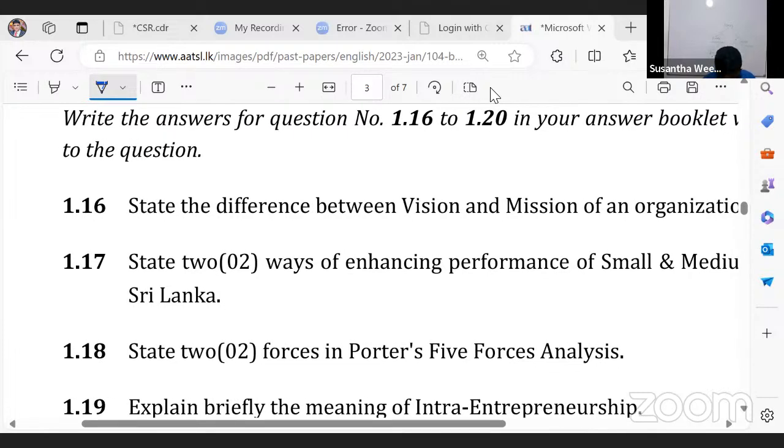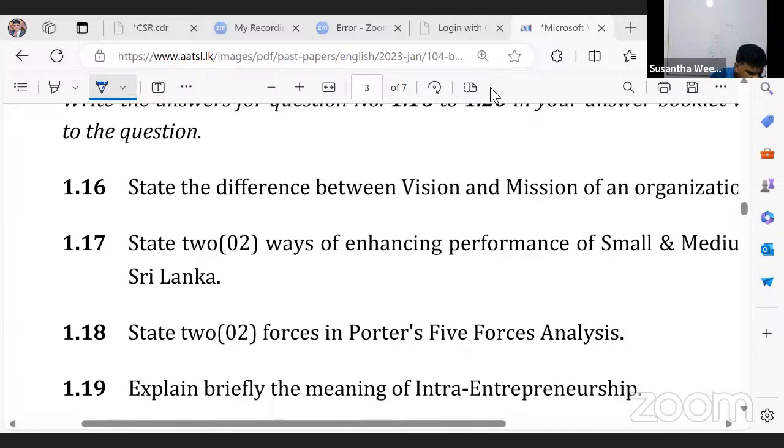That is the difference between vision and mission. Finally, we can say the mission states the strategies.